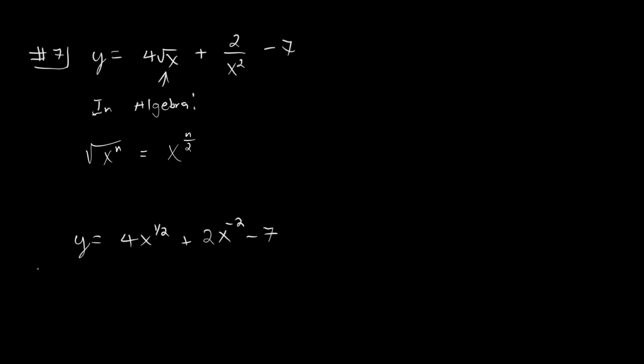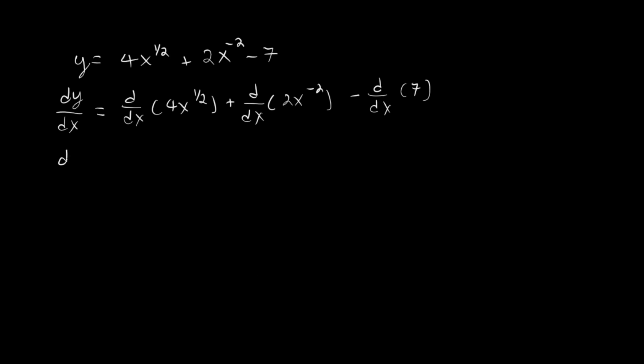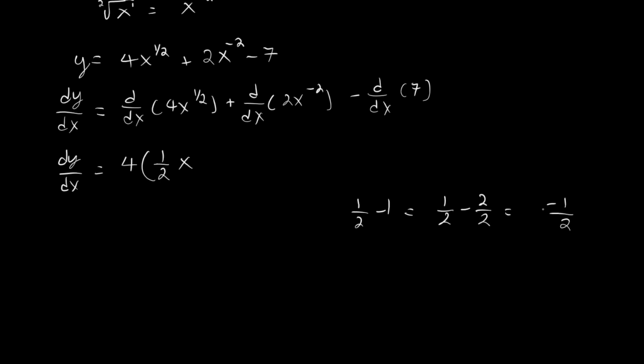y is equal to 4x raised to 1 half plus 2x raised to negative 2 minus 7. And now let us differentiate. The derivative of 4x raised to 1 half is 4 times 1 half x raised to negative 1 half, because 1 half minus 1 is equal to 1 half minus 2 over 2, which is negative 1 half.